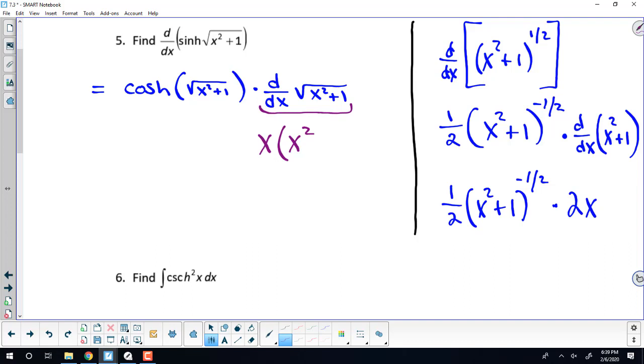We have x times x squared plus 1 to the negative 1/2 times our original function, our original piece here. I guess a third chain rule.